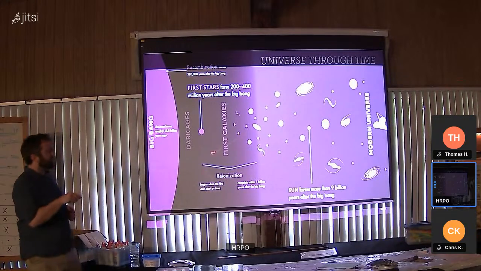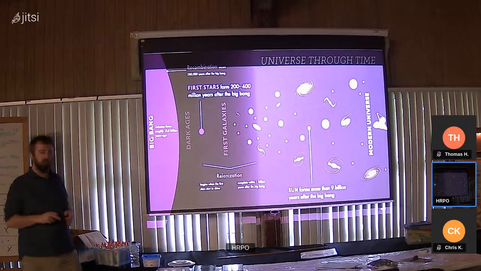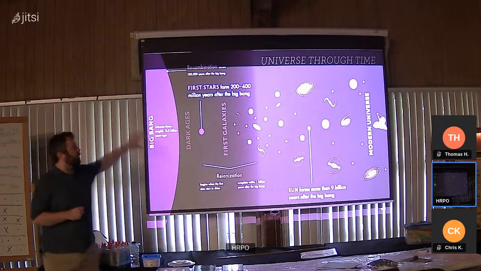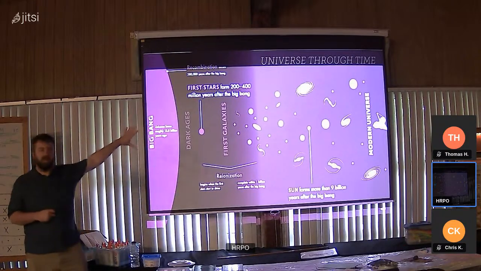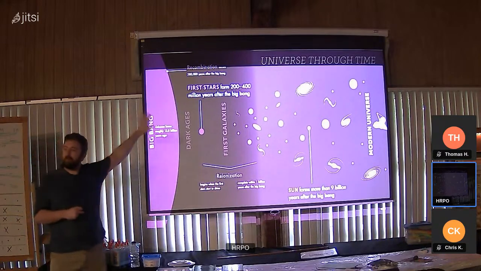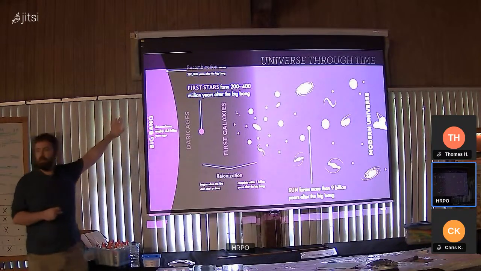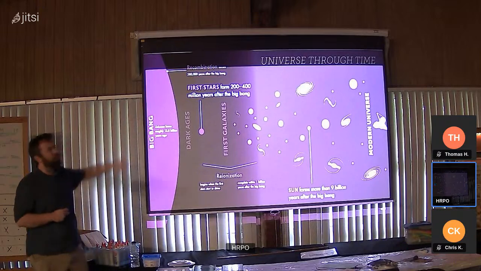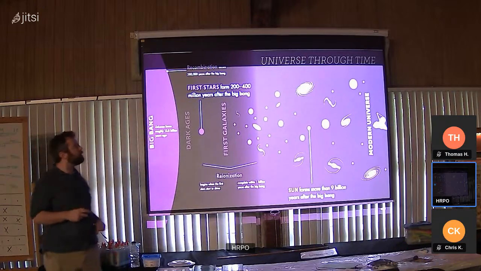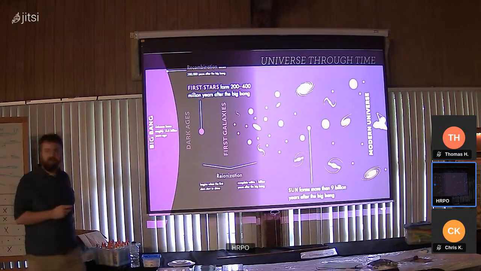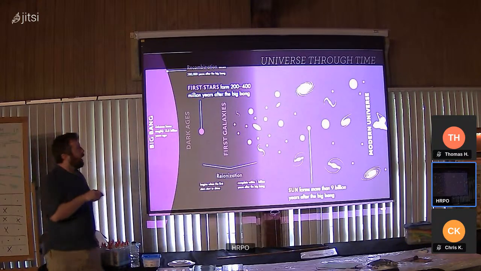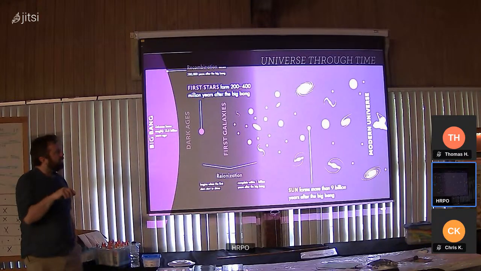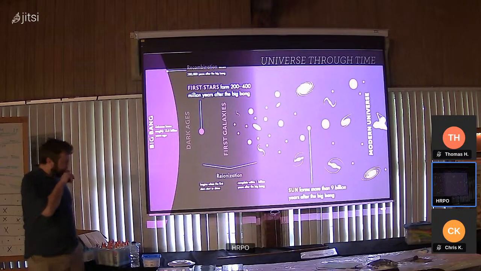And so the first stars appeared probably 200 to 400 million years after the Big Bang. This number is getting revised by the recent JWST observations. I'm not super up to date with this, but they seem to be pushing that number a bit earlier, probably to the earlier range of this 200, but it's causing a lot of excitement in the galaxy formation part of the astronomy community.